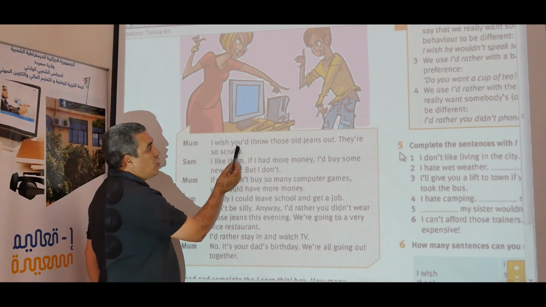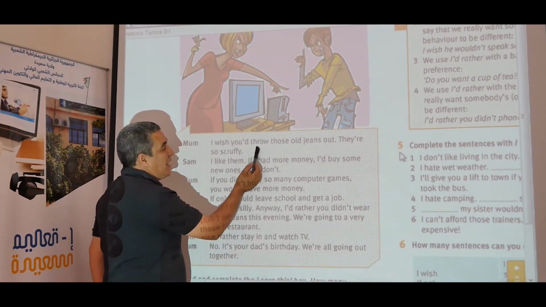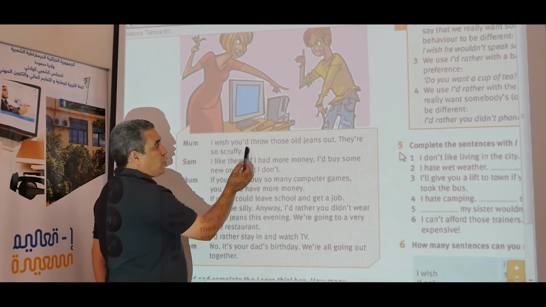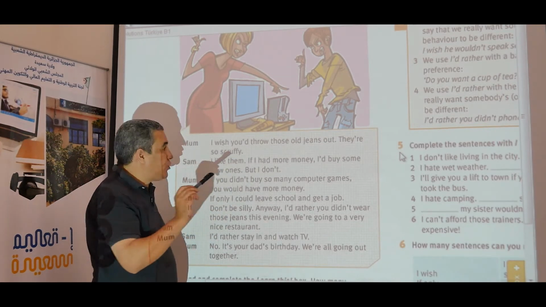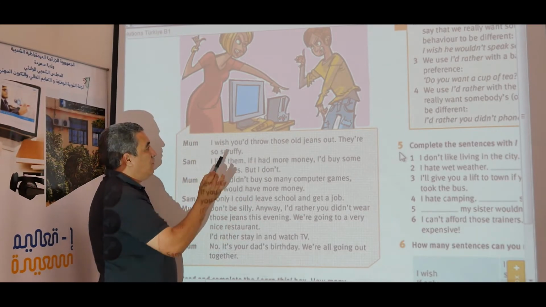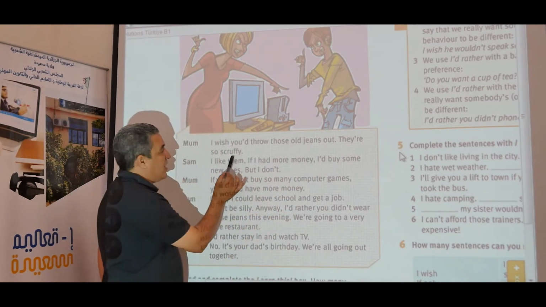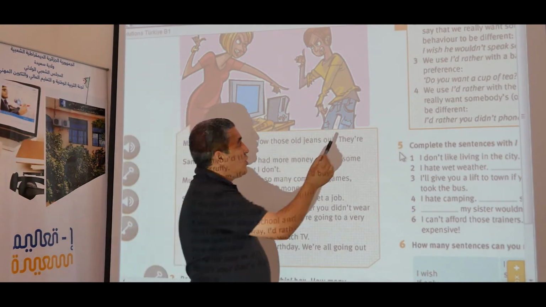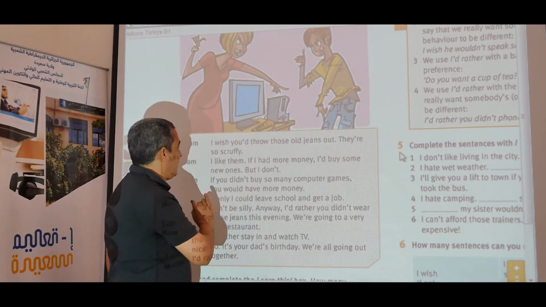So you see here we've got apostrophe D and an infinitive. I wish you would, because this apostrophe D stands for would. I want you to remember this structure. I wish you would throw those old jeans out. They are so scruffy. The jeans are torn and scruffy.